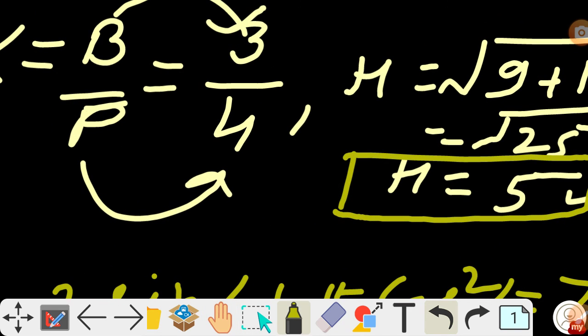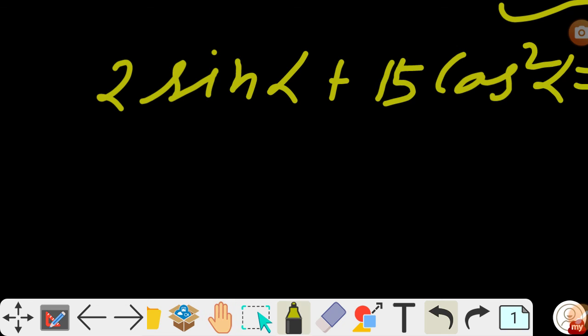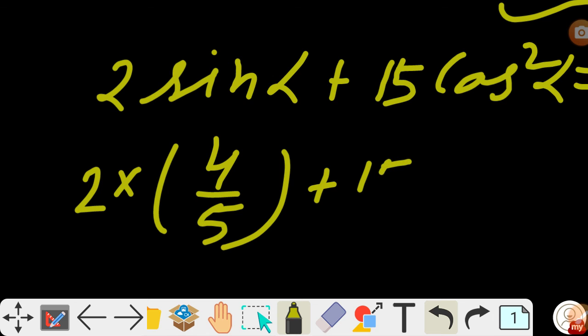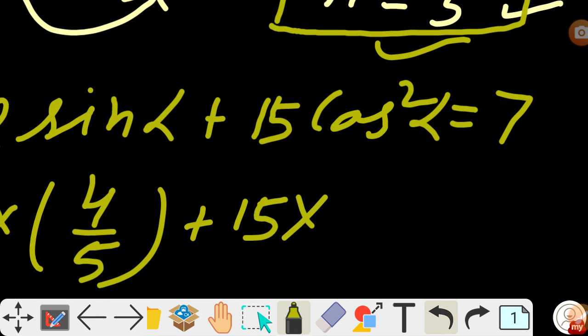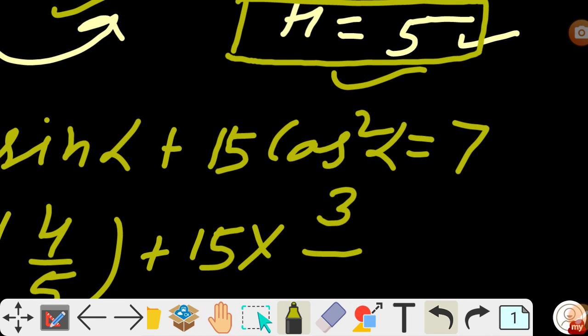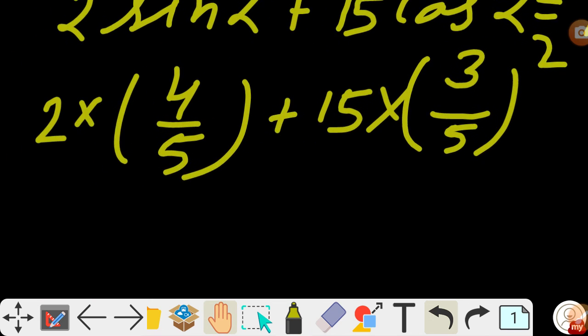Perpendicular here is 4 and hypotenuse is 5, so sin alpha is 4 upon 5. And cos alpha is base upon hypotenuse. The base is 3 and hypotenuse is 5, so cos alpha is 3 upon 5, and we square it. So please solve this equation, and if the value is 7, then it is satisfied.